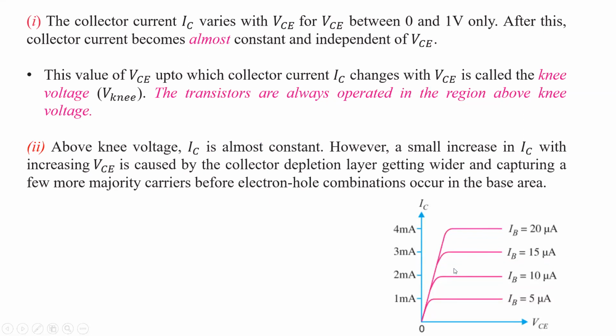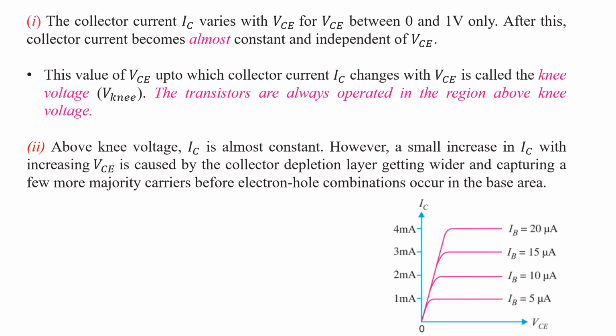However, a small increase in IC with increase in VC is caused by the collector depletion layer, which is getting wider and capturing more carriers before the electron-hole combination in the base area.